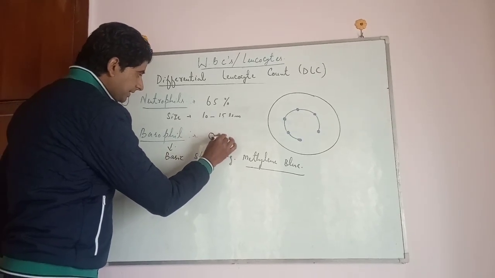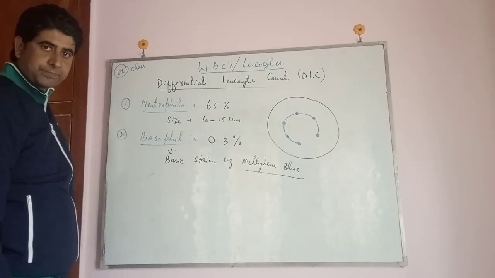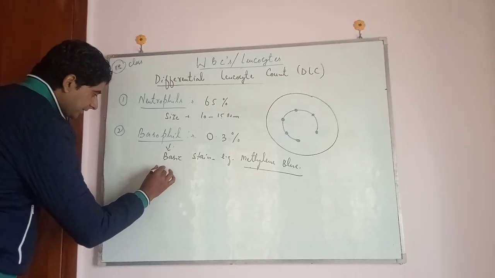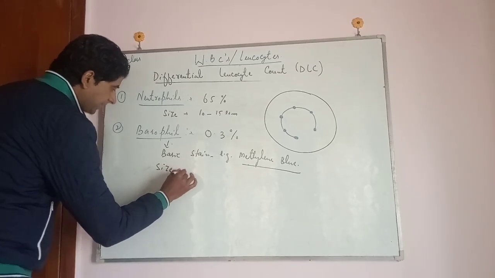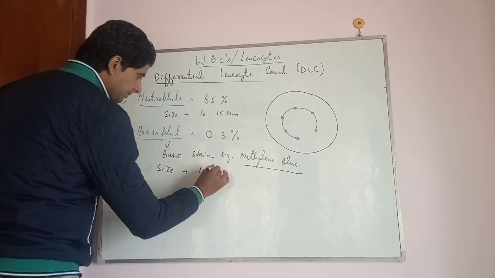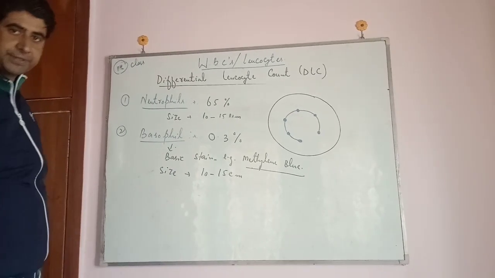That means their percentage is 0.3%. And their size is similar to that of the neutrophils. That means their size ranges between 10 to 15 micrometer in diameter.